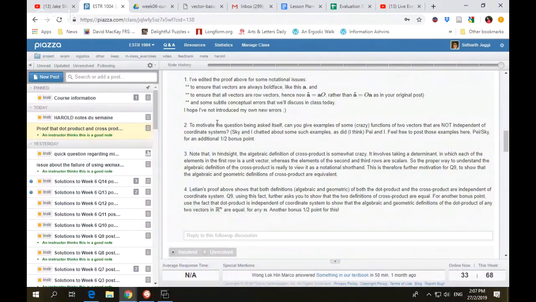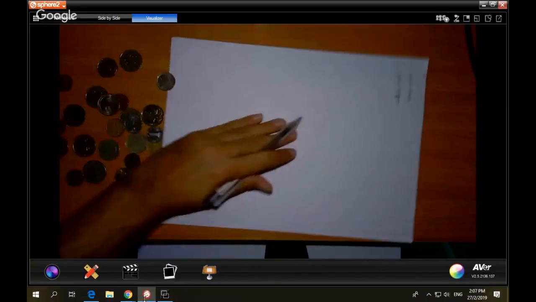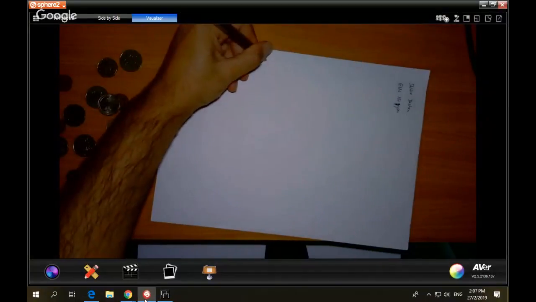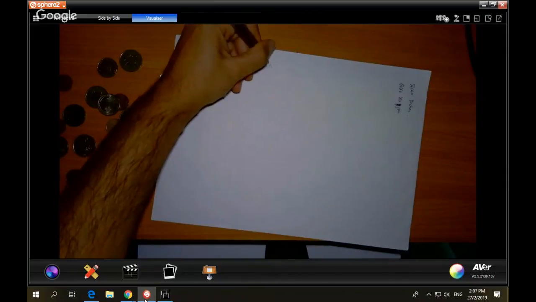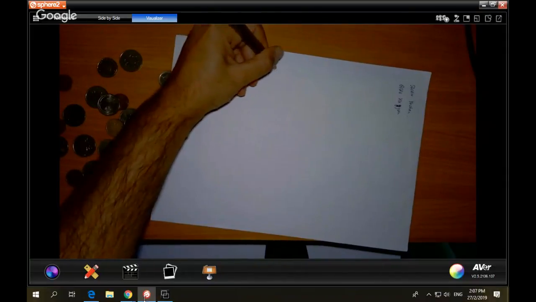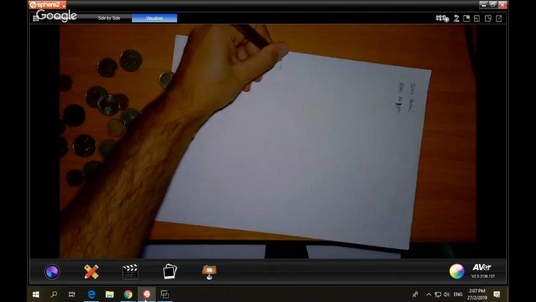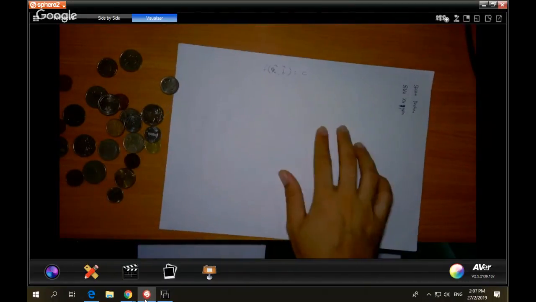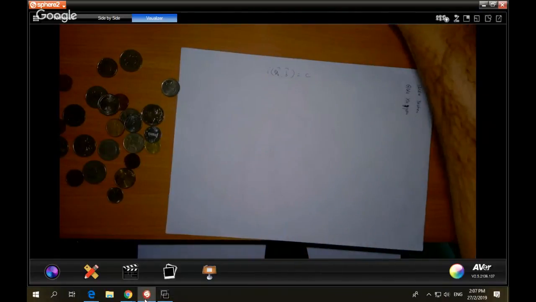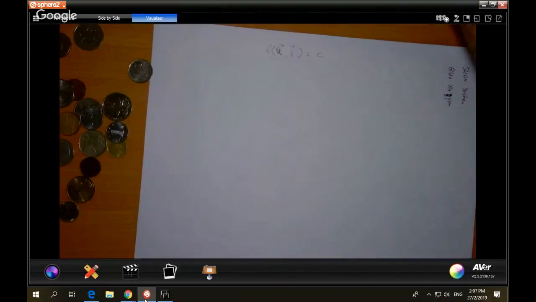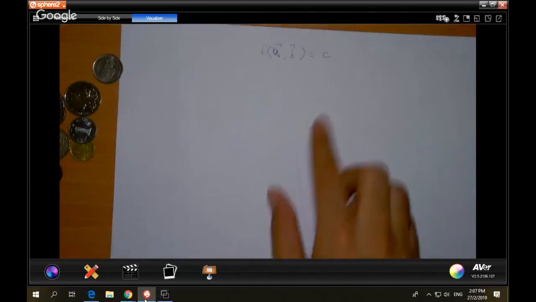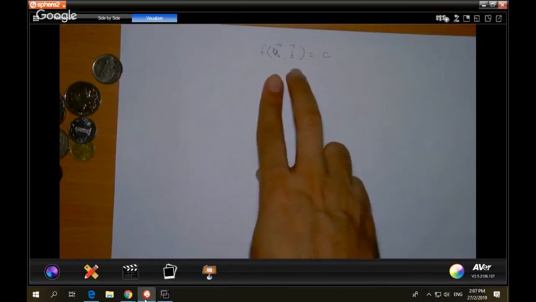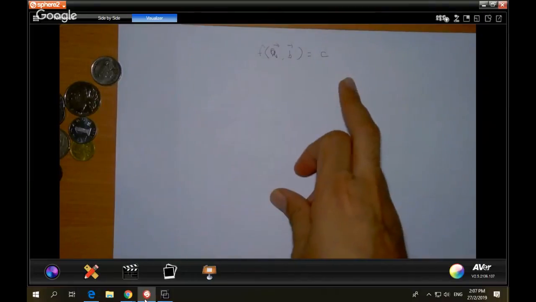But if you think of it in the following way, let me think about the dot product as a scalar function of 2 vectors, let's call them A and B. Someone's given me 2 vectors A and B, and the dot product is some scalar C over here. So the dot product is really a function whose inputs are 2 vectors and whose output is a scalar, right?